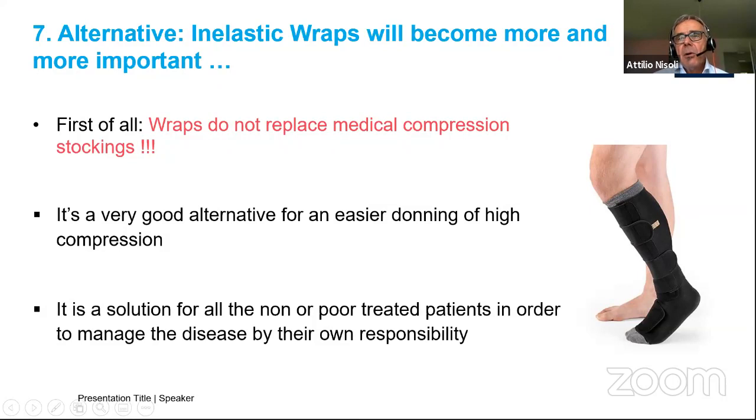Because we all know you have a patient who is bandaged, but lives, I don't know, 3 hours out of the city. Not easy access to you, to your clinic, or to the therapist.